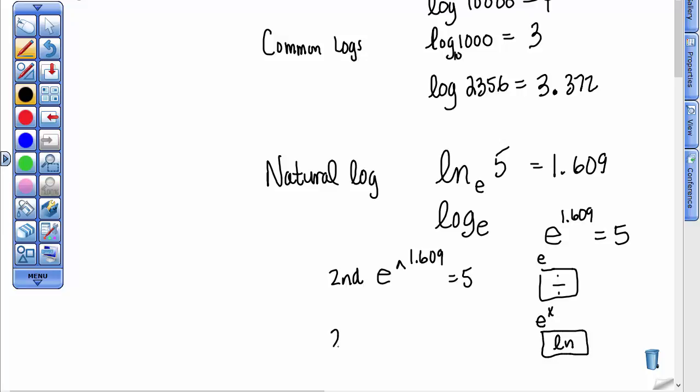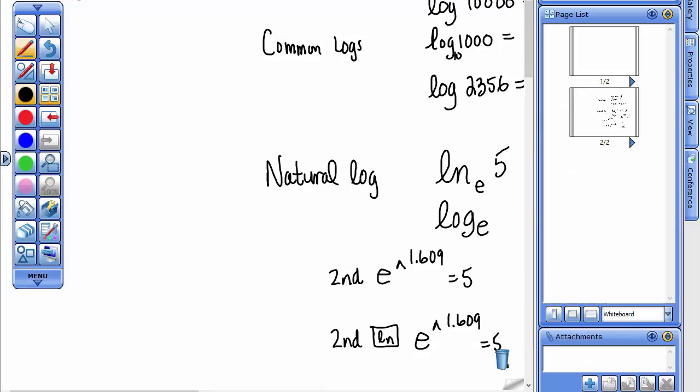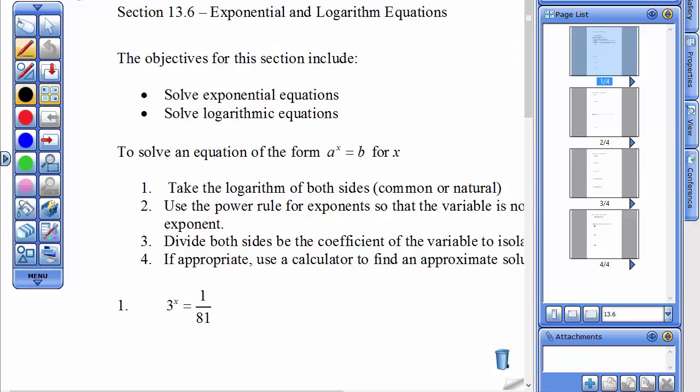So if you just went second and then ln key, you would have e to the x already on your calculator, and you could put in 1.609 and it would give you the answer of 5. So section 4 and section 5 are about common logarithms and natural logarithms, and we always run out of time before the end of our class occurs.